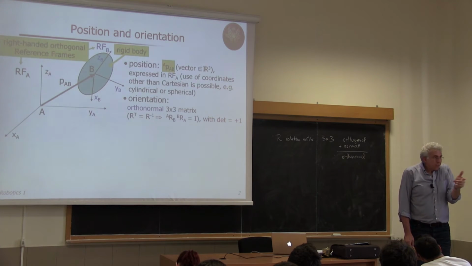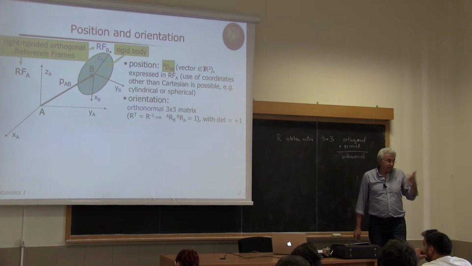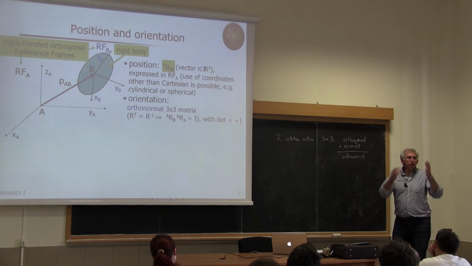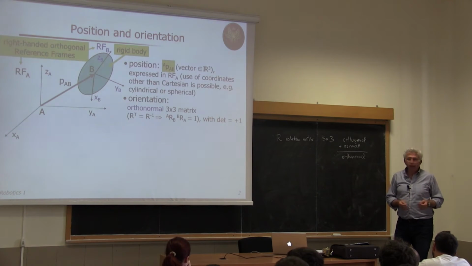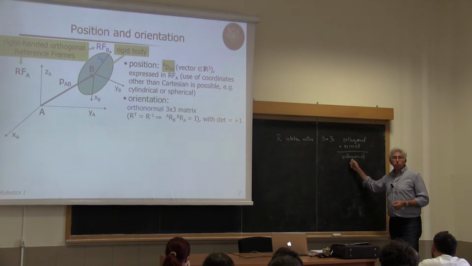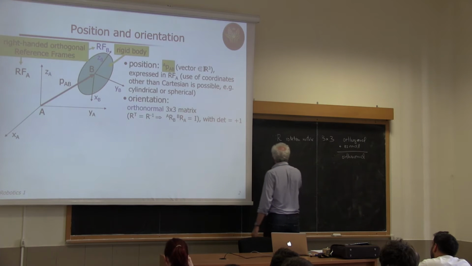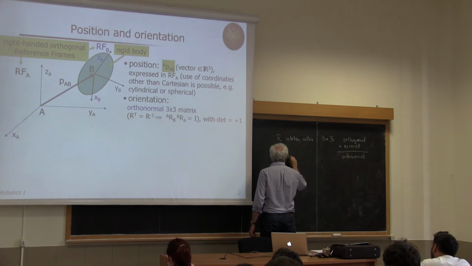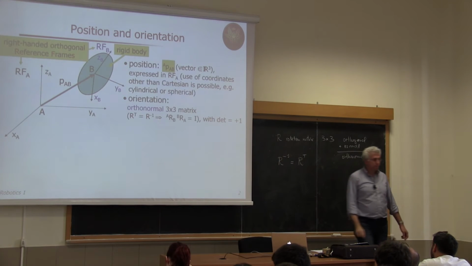For instance, the unit vectors of x, y, z, if arranged in a matrix, would lead to a normal matrix. So orthogonal and normal is orthonormal. Now, an orthonormal matrix has this property, that its inverse is equal to its transpose. This is fundamental. Okay?